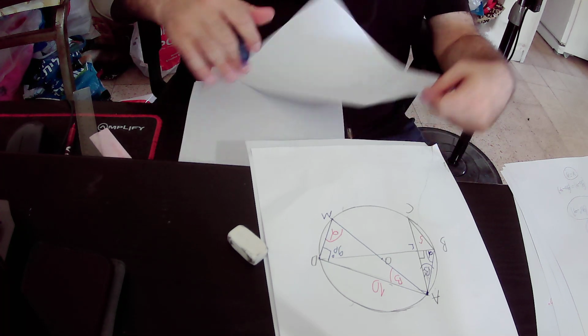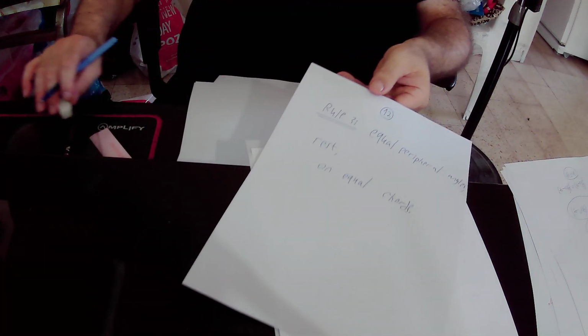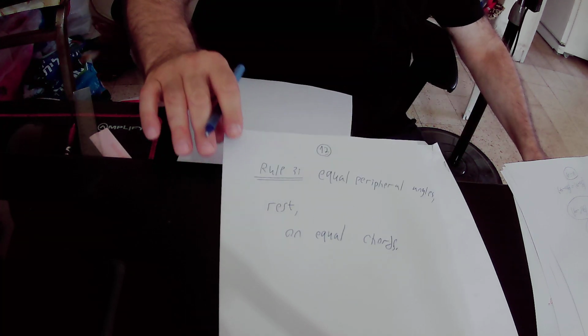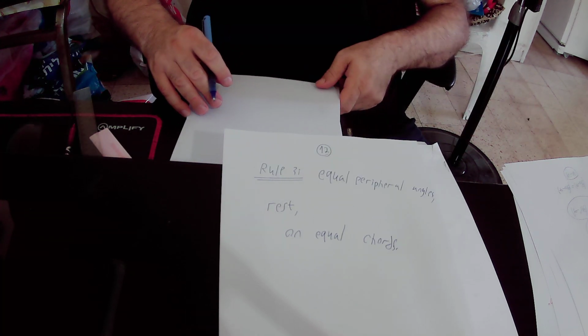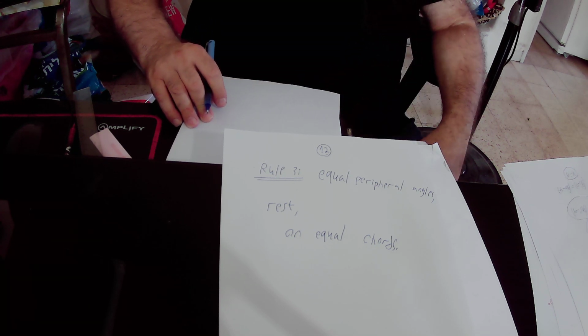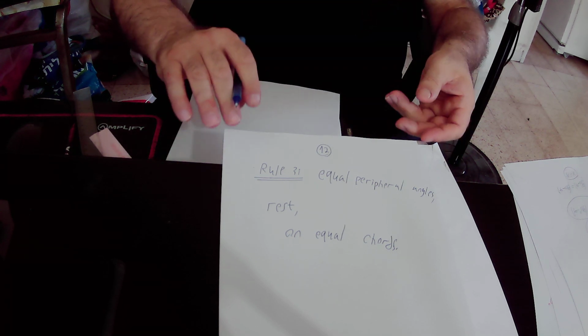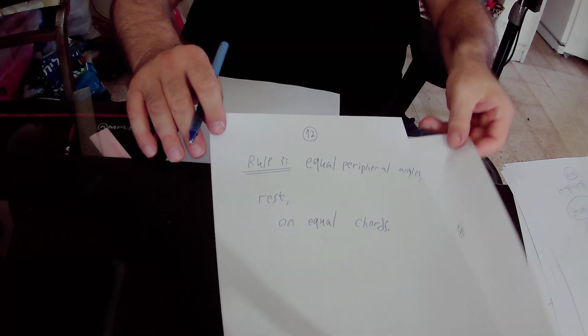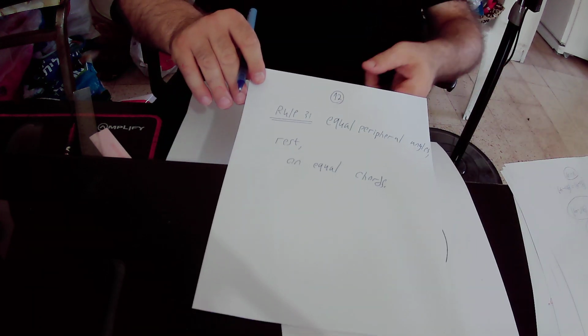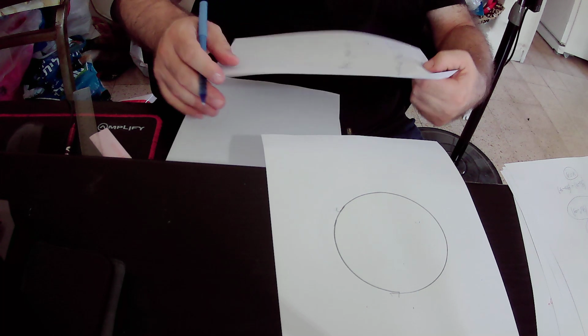So I will read again rule number 3. Rule number 3 states that equal peripheral angles rest on equal chords. Now I will give you an example in order to clarify the meaning of rule number 3.